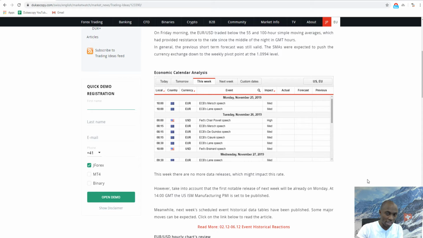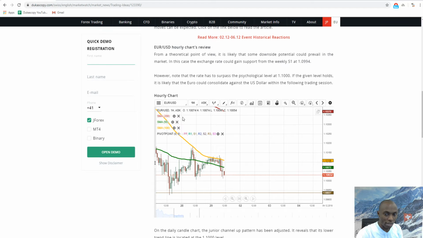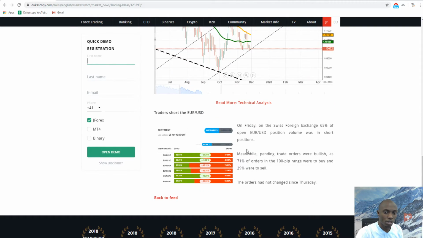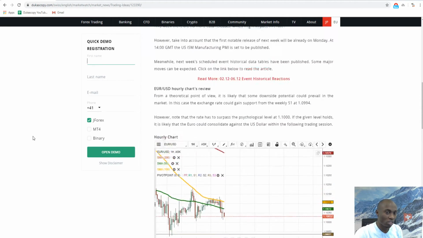From this trading idea, you can get the economic calendar, the one-hour time frame chart, the daily time frame chart, and what Dukascopy traders are doing at that current hour. So that is the trading idea there.